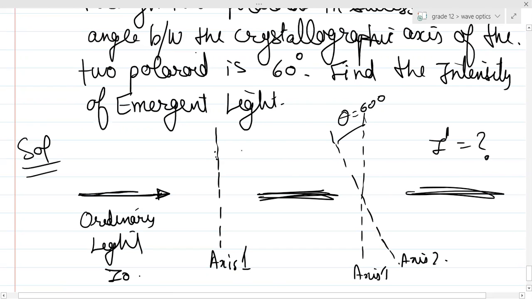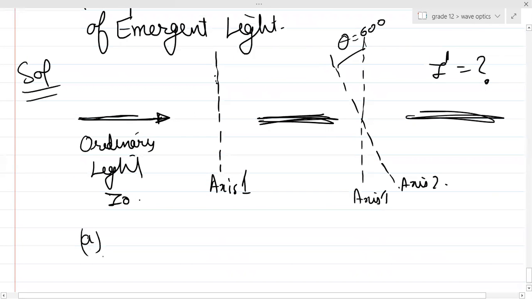Guys, is it needed? Shall I draw the polarizers? It's fine. It's fine, sir. Check it. So find out what is the intensity. Your options are. Let me calculate it first. है ना? Could you just show the whole question once?